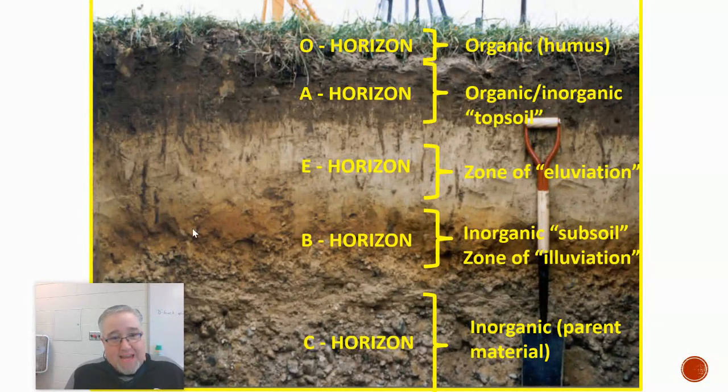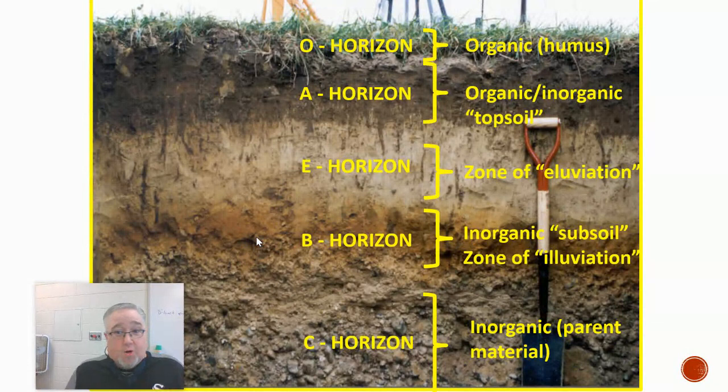So what you're seeing in this soil is most likely a lot of iron oxide, which has accumulated because those iron ions have been carried or leached through these layers, especially the E horizon, and they've accumulated here.